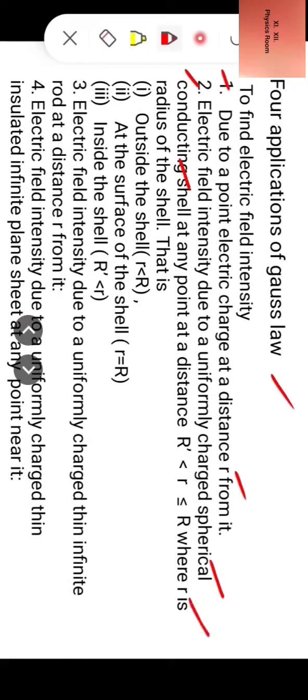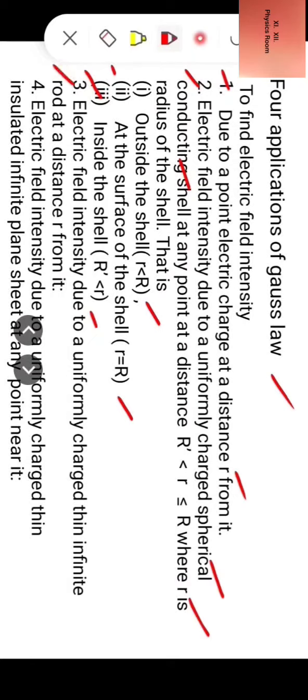That is, number 1, outside the shell, for r greater than R. Number 2, at the surface of the shell, that is for r equal to R. And third, inside the shell, that is r dash less than R. So these are the 3 different cases we have to deal with in the second stage.